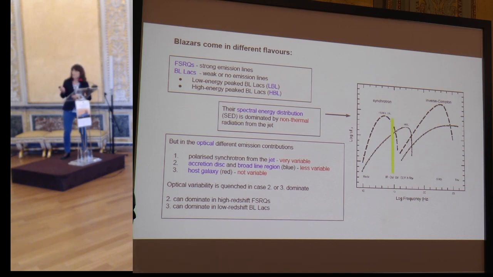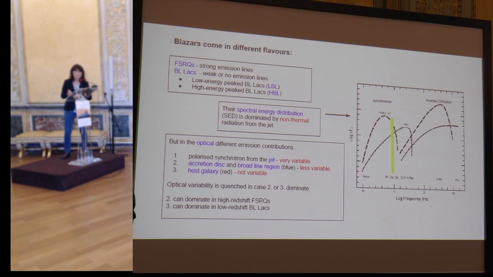The low energy bump is synchrotron radiation in the jet, and the high energy bump is likely inverse Compton radiation. And you see the difference between low energy peak BL Lacs, with the peak at lower frequencies, and high energy peak BL Lacs.